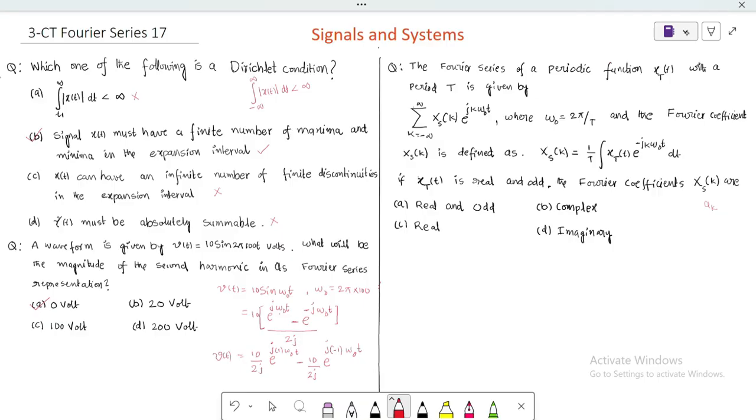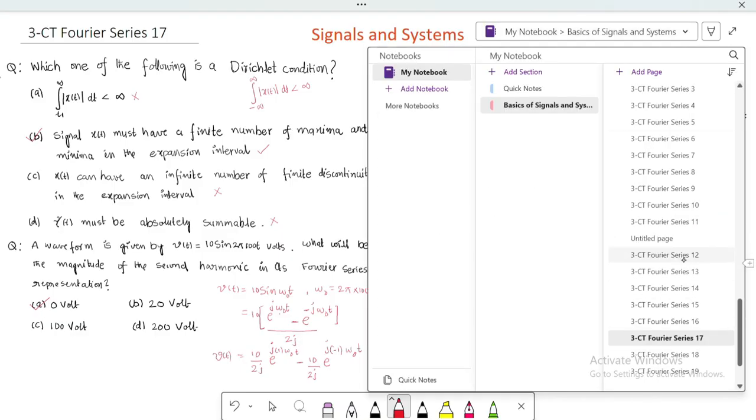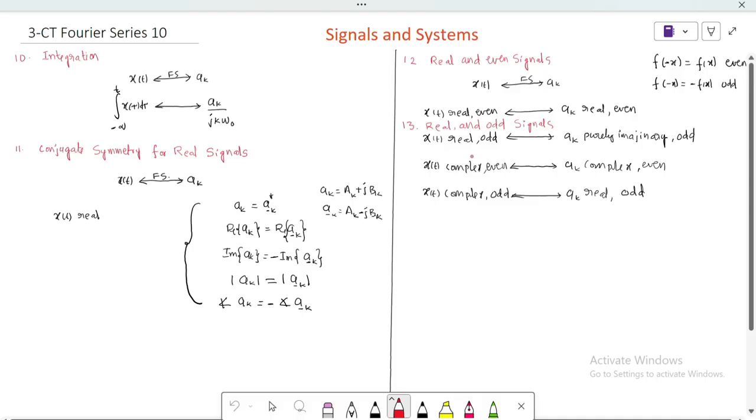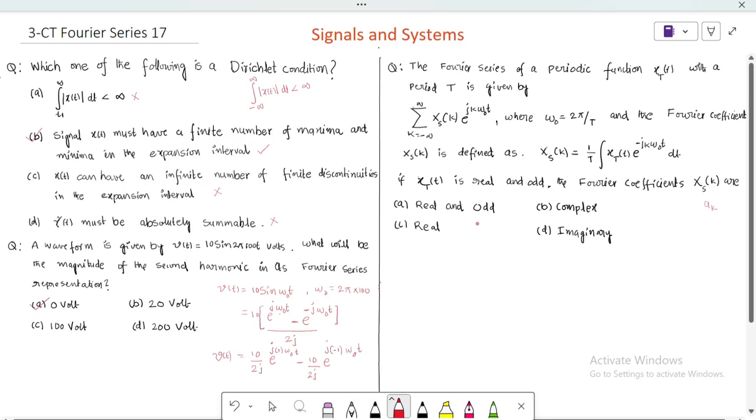We have already discussed this in the properties. It is a direct question. If x of t is real and even, the Fourier series coefficient a k is real and even.